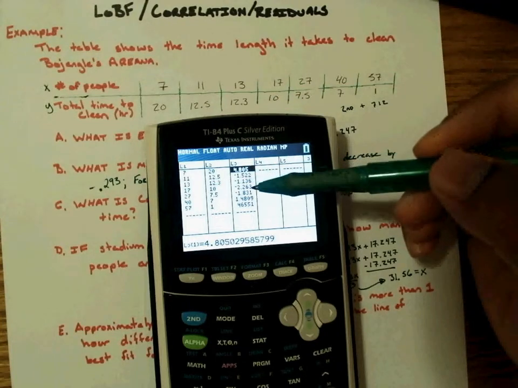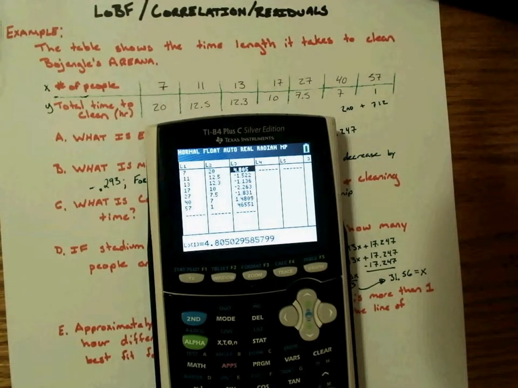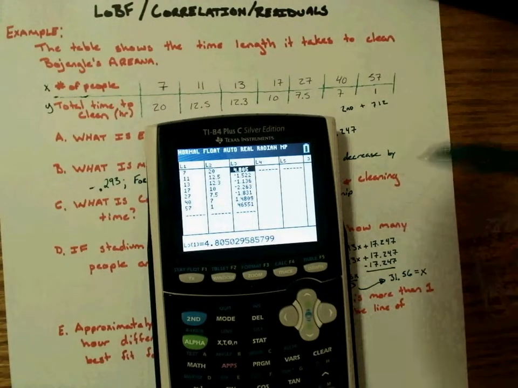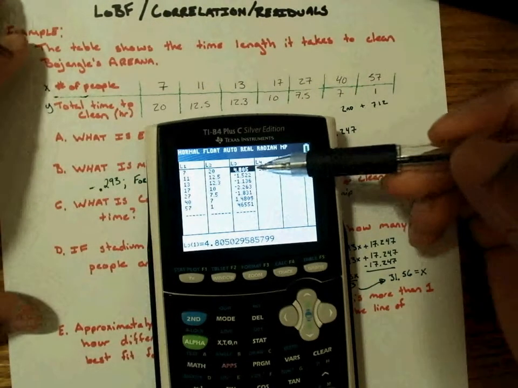I'm going to copy all these numbers underneath my table, and that's just a good habit. So when you're taking the test, on the EOC, go ahead and copy the residuals down. When you copy the residuals down, it will allow you to visually see what is going on.